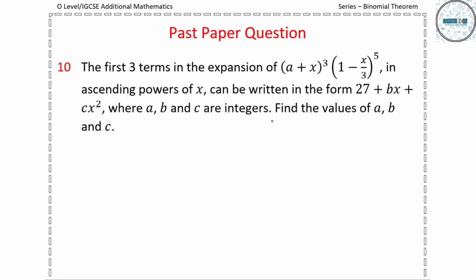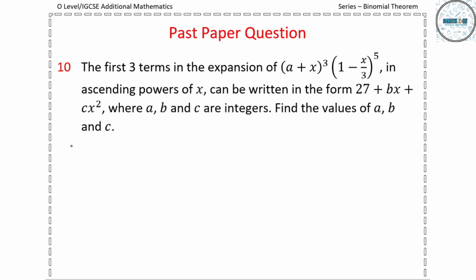Find the values of a, b, and c. First three terms in the expansion of these two binomial expansions are given. So first of all, we will expand these two, and then we will equate to 27 + bx + cx².